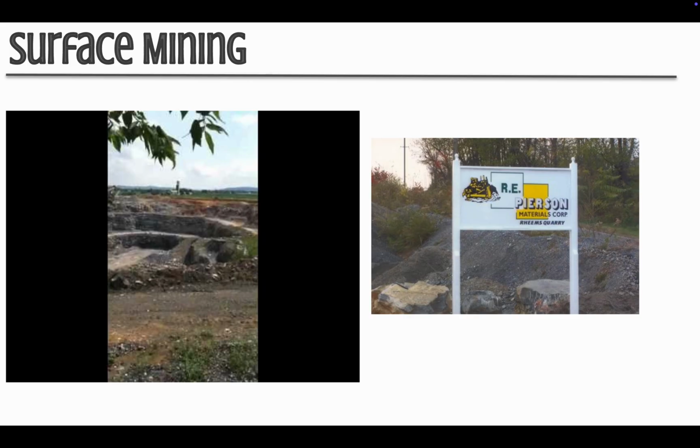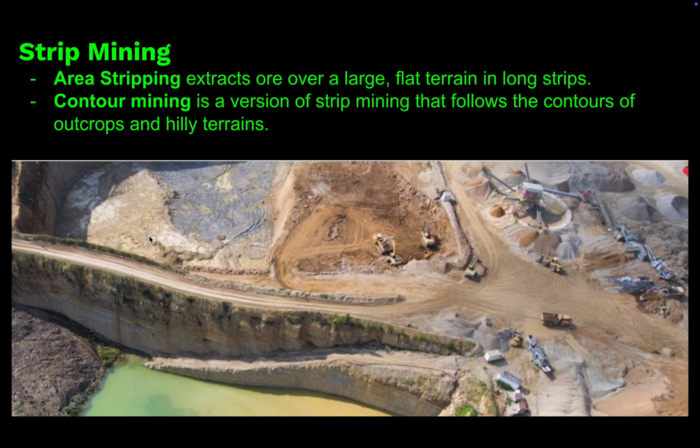So strip mining is a way where we strip off the land, sometimes in contours like that earlier picture I showed you. We have local companies that do this for slate or for limestone.